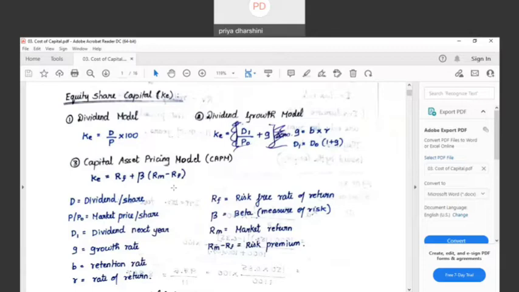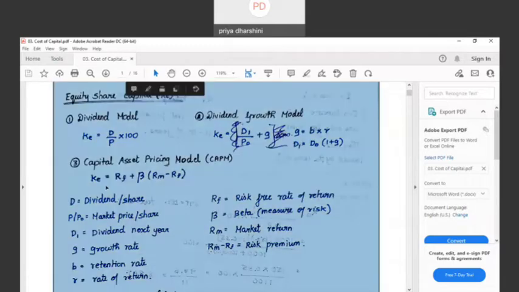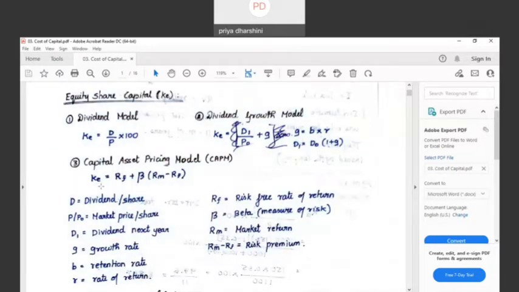That 13%, is it coming without risk? No, it is coming along with risk. So I find the risk adjusted rate of return. Beta into RM minus RF, that was 13% which I told you. Beta is a measure of risk. So in case beta is 0.75, it will be 0.75 of the risk adjusted rate of return, which will be added to the risk free rate of return to know the cost of equity.